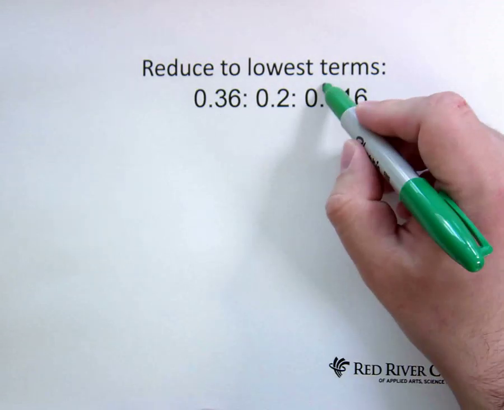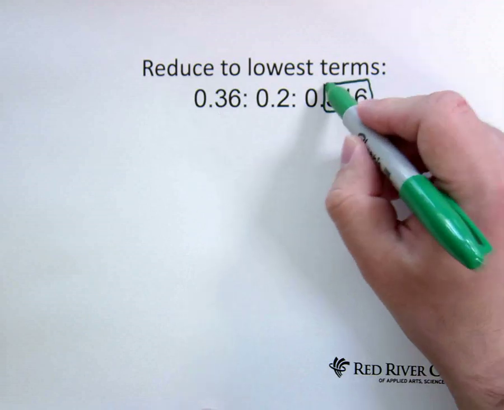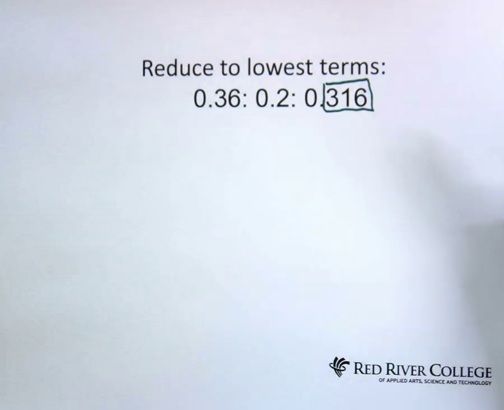So this is the longest decimal portion here. So then what we do is we multiply by multiples of 10, like 10, 100, 1,000, and because we do it to one, we have to do it to all of them.